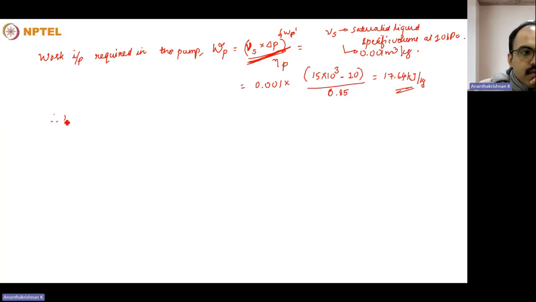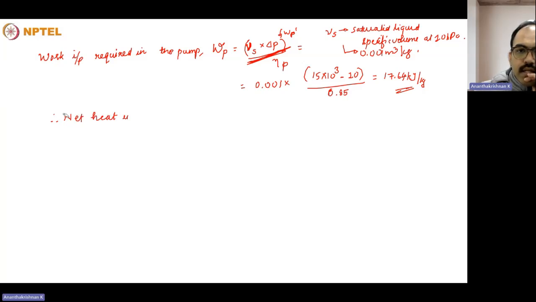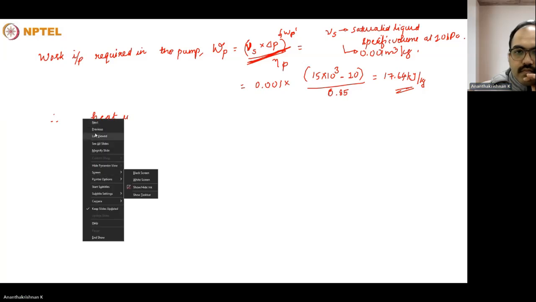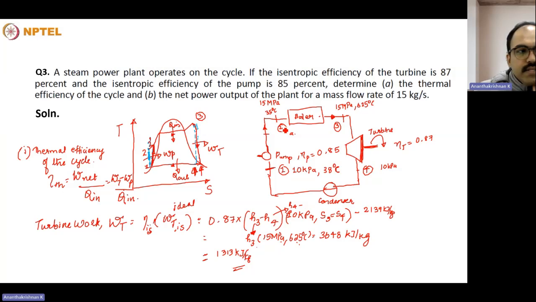Then we have to calculate the denominator. It's not net heat but rather the heat input to the boiler. Qin can be represented as H3 minus H2.